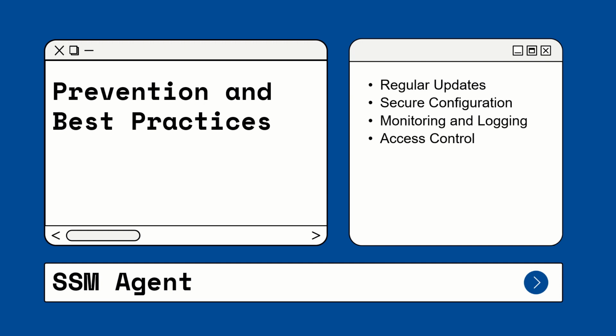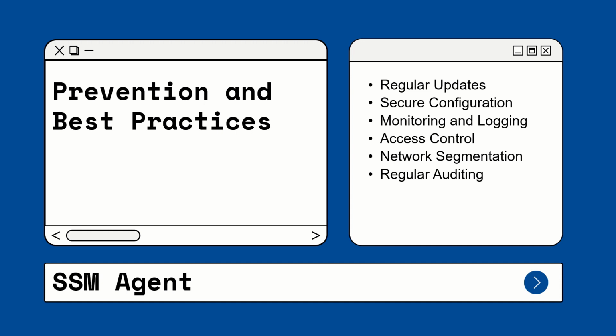Only grant necessary permissions to prevent an unauthorized user from compromising the agent. Fifth is network segmentation. Implement network segmentation to isolate the SSM agent from critical systems or sensitive data. This adds an extra layer of protection, limiting the potential impact of a compromised agent.